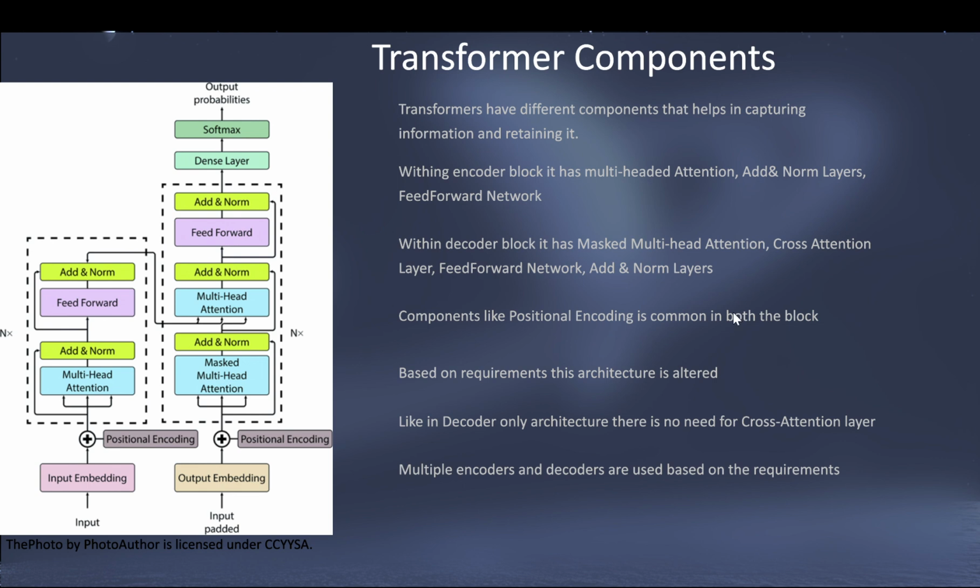On the left-hand side, you can see the basic transformer architecture, and it is not standard, it is not that hardcore that you have to use only this structure. Like in ChatGPT, we use a decoder-based model. In the image, on the right-hand side it is the decoder, and on the left-hand side it is the encoder.